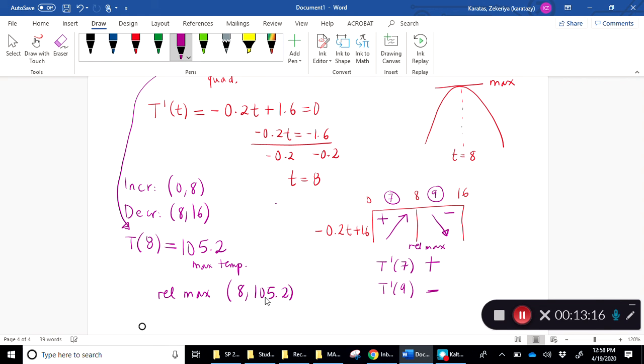See, this person hit the maximum on day 8, then started to go down and went back to normal at day 16. So that's a good application problem. If you have a good graphing calculator, you can visualize all these algebraic solutions on your graph as well. I hope this video will be helpful. See you next time. Bye.